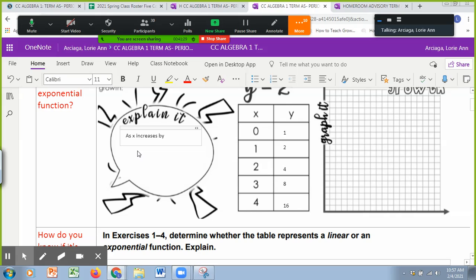Look at your x column. You start at 0, and then you go to 1, 2, 3, 4. So by how much are you increasing them? In the chat pod, please.